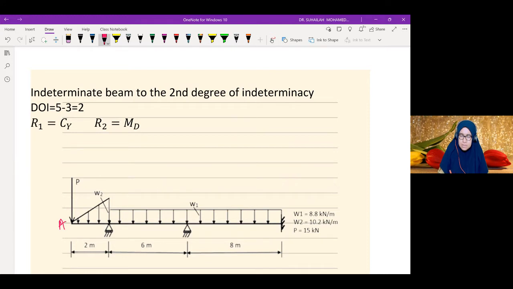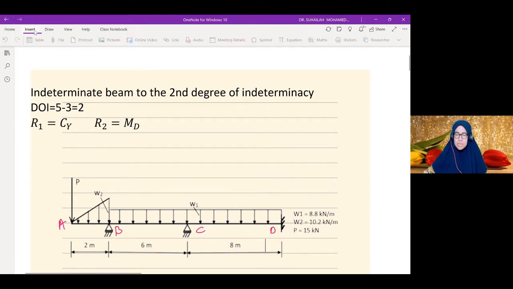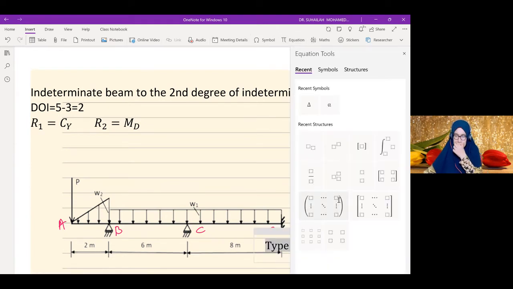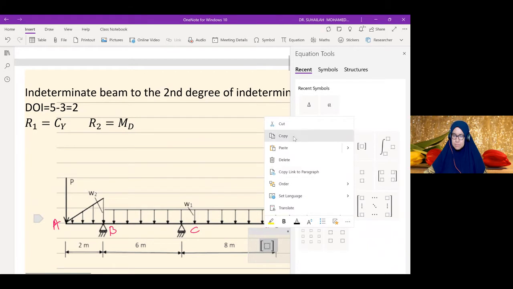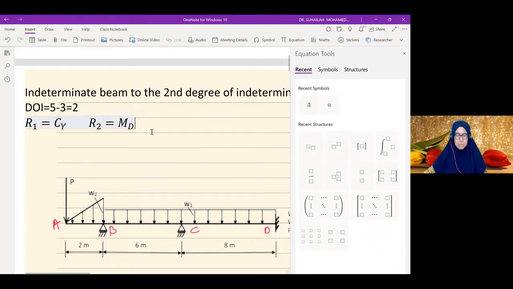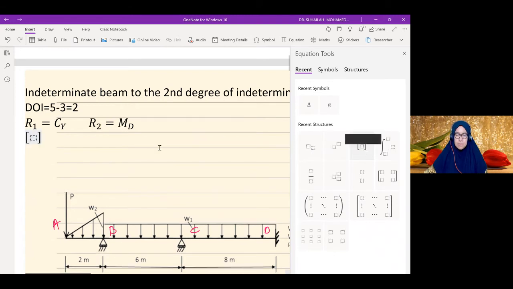So this is A, this is B, this is C, this is D. Two redundants mean a 2 by 2 matrix, like this one.